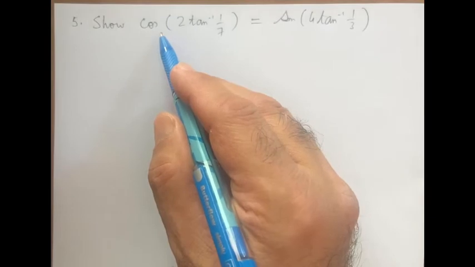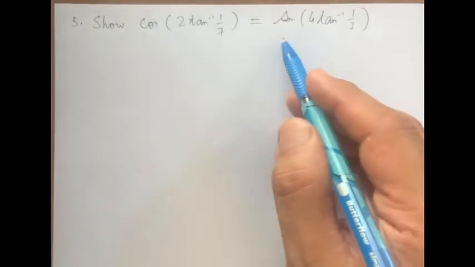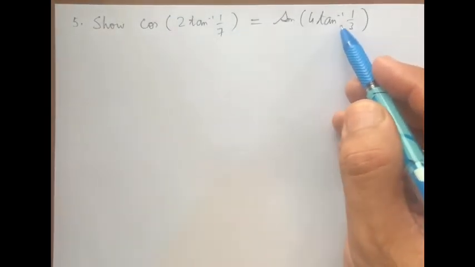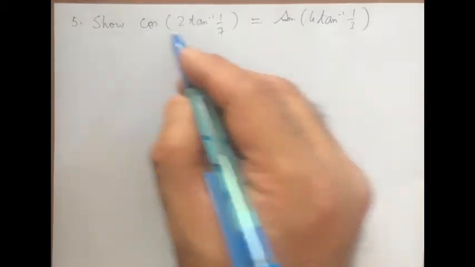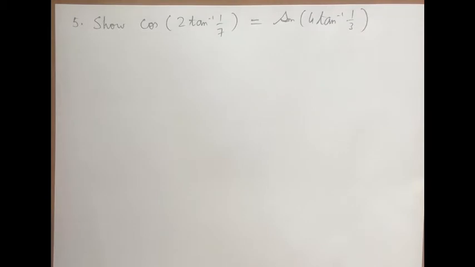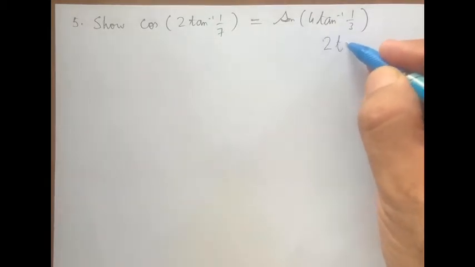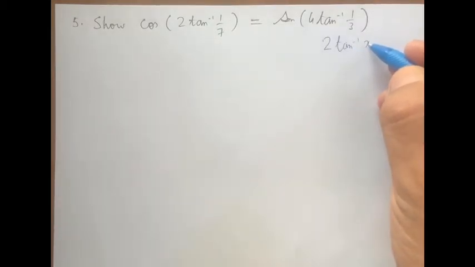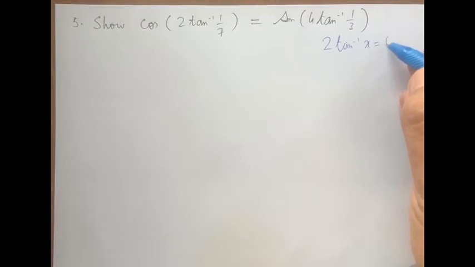We have to prove cos of 2 tan inverse of 1 by 7 is equal to sin of 4 tan inverse of 1 by 3. So we know 2 tan inverse of x is cos inverse of 1 minus x square upon 1 plus x square.